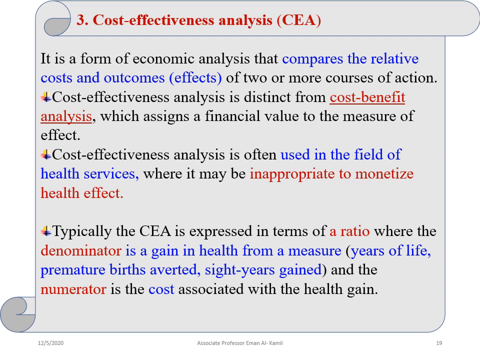In cost benefit analysis we compared the cost with the benefit, which we measured in financial value. Cost effectiveness analysis is often used in the field of health services where it may be inappropriate to monetize the health effect. Sometimes we cannot determine it in money; we determine the actual effect not in money but in the actual impact on the population.